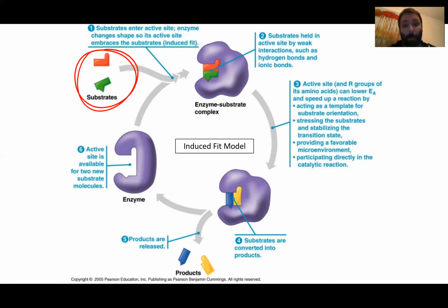Now, a big part of the AP curriculum is the idea that this is called the induced fit model, which means that the substrates don't just fit in. When they go in, the enzyme actually changes to get a closer fit, an induced fit.